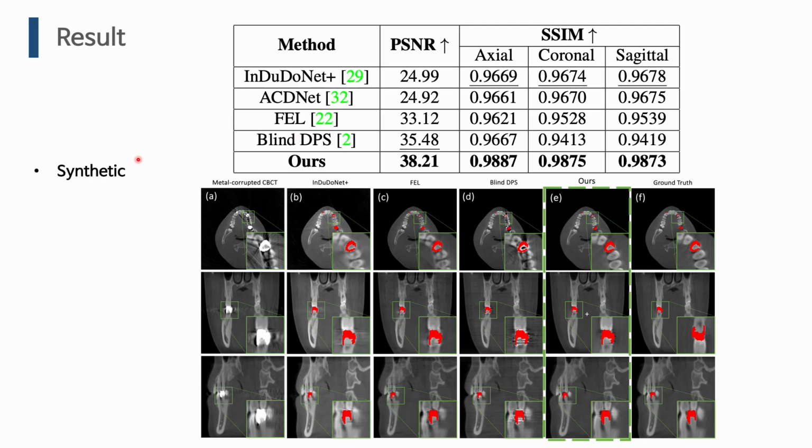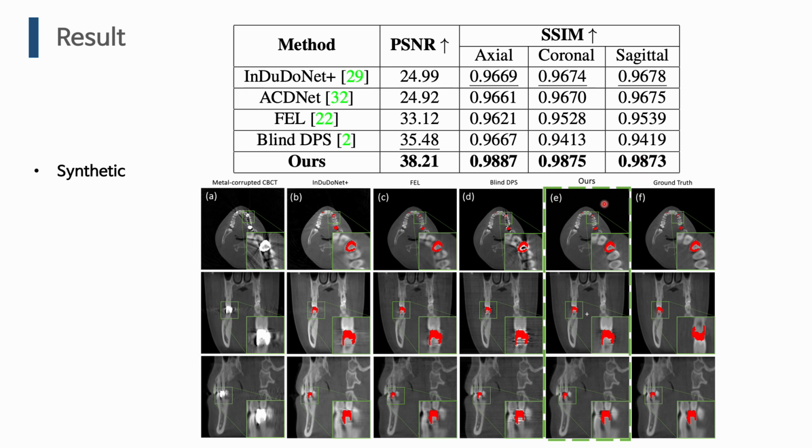And here are the synthetic data results compared to 2D and 3D MAR baselines: DuDoNet++, ACDNet, and FEL. Our model performs well in all 3 planes. Blind DPS, which uses 2D diffusion models for inverse problem solving, drops in performance greatly in the coronal and sagittal planes, but ours performs well in all 3 planes.